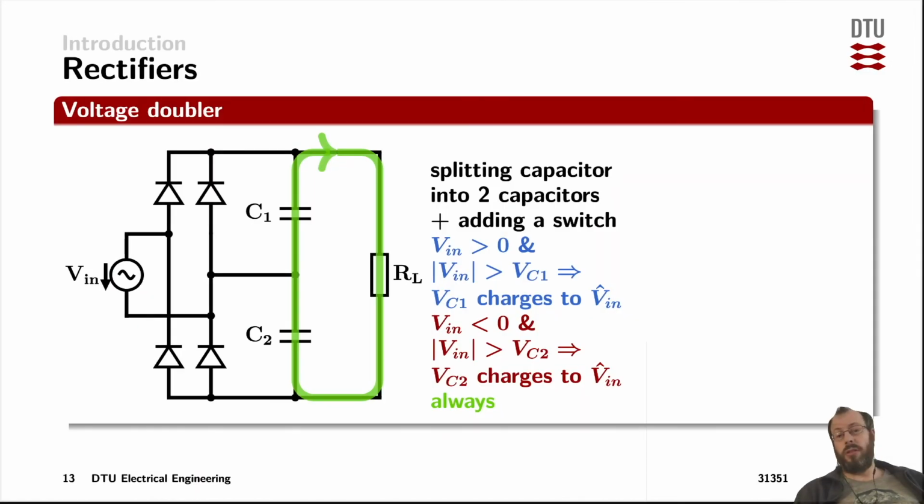And then we still got the operation when the grid voltage is too low to actually charge any of the caps. None of the half-bridge rectifiers is actually conducting. The diodes are turned off. Then again, the two capacitors here would supply the energy to the load.